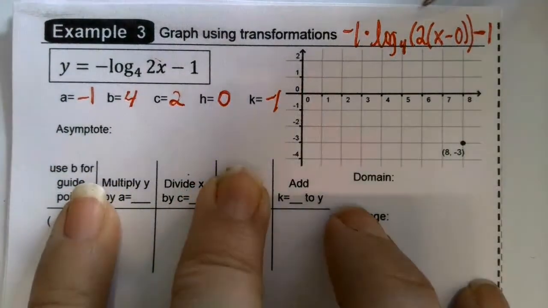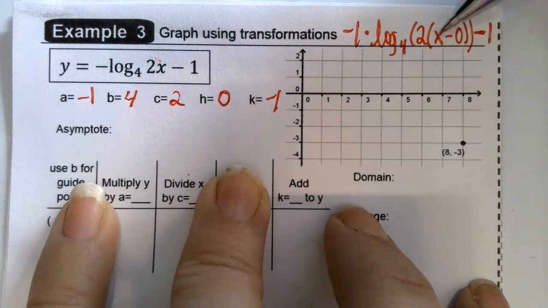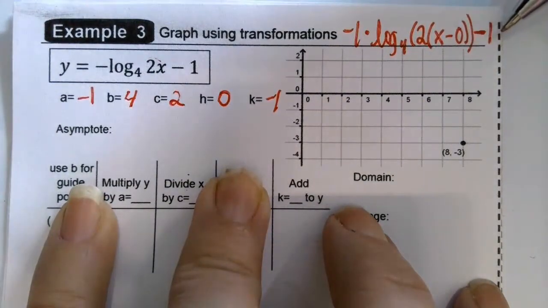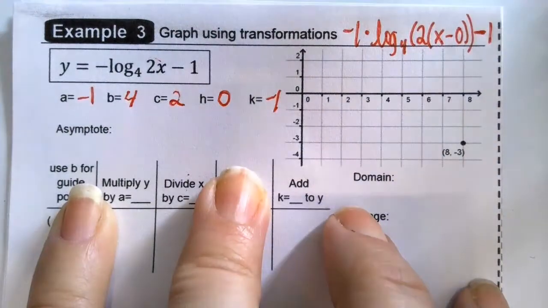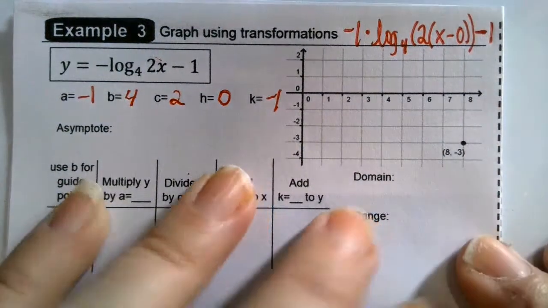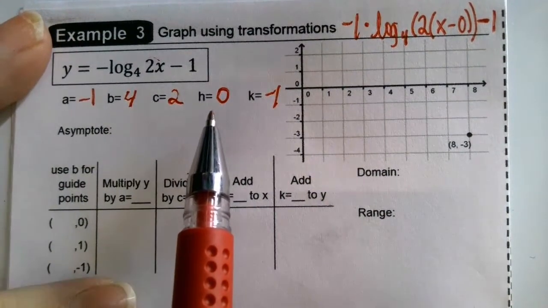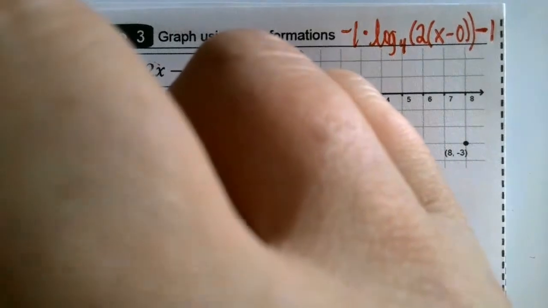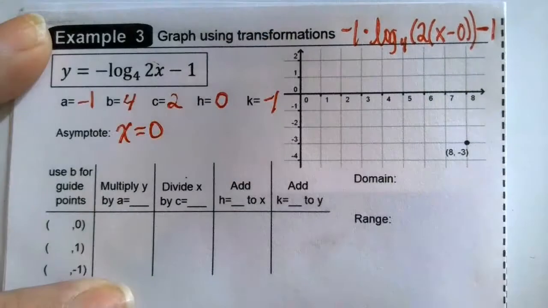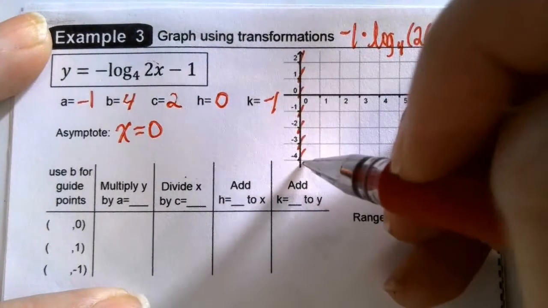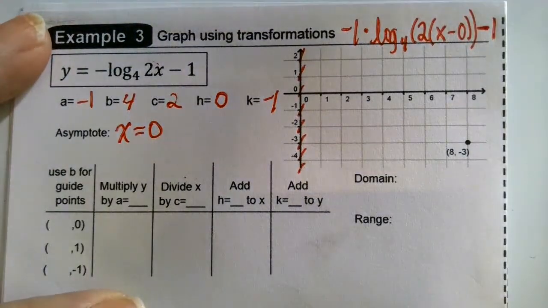So that hopefully helps you see that the x minus 0 is x, 2 times x is the 2x, which is the argument of this log base 4, and the -1 is the k, because that's the constant outside of the function. So the asymptote comes from that h, and since our h is 0, the vertical asymptote is the y-axis, just like the parent graph. So we put a dashed line along the line x equals 0.